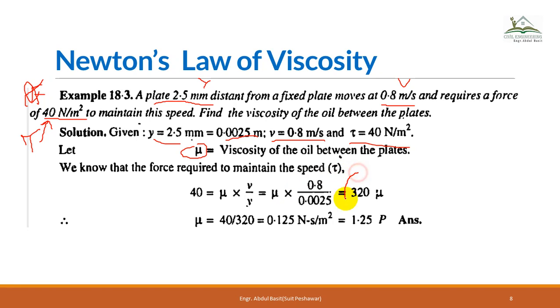After putting the values, mu comes to 0.125 Newton seconds per meter square, using the same equation. And if you want to take the unit to poise, then you have to multiply this by 10, as we are moving from a comparatively larger unit to a smaller unit.